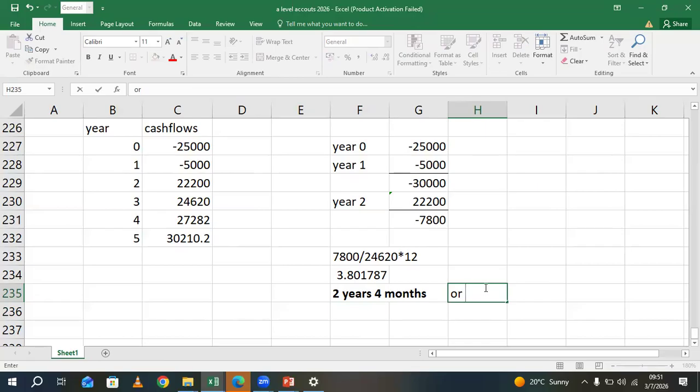So you say 2, then you just divide 7,800 by 24,620 without multiplying by 12. How much does that give us?